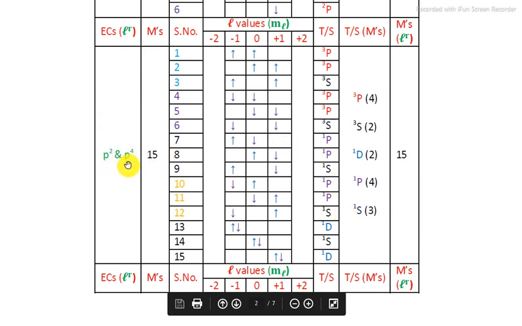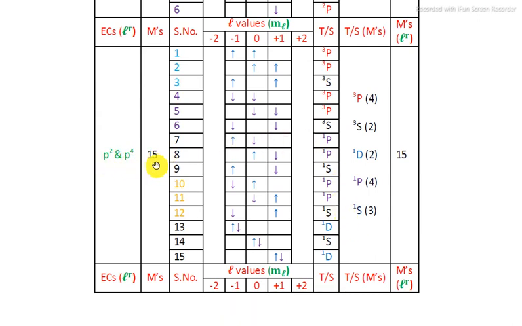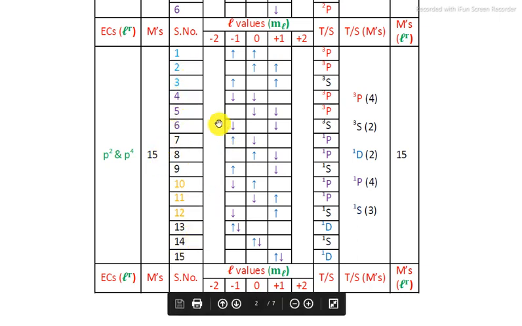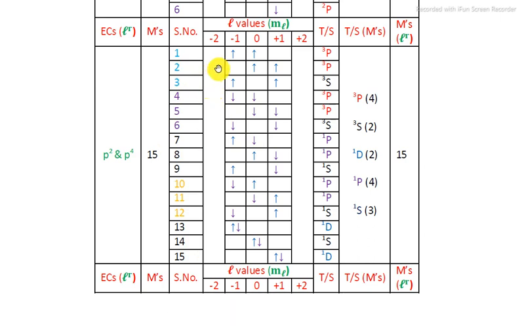p2 and p4, number of microstates possible 15, serial number 1 to 15, number of electrons 2, p2.